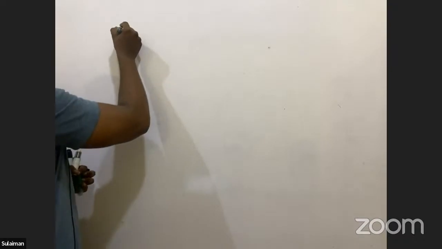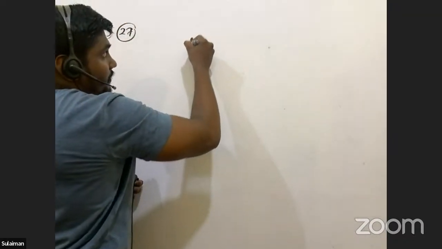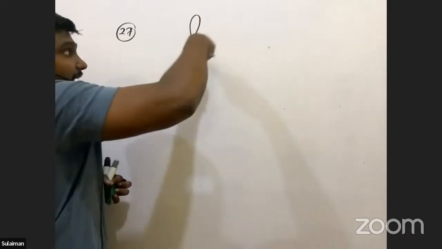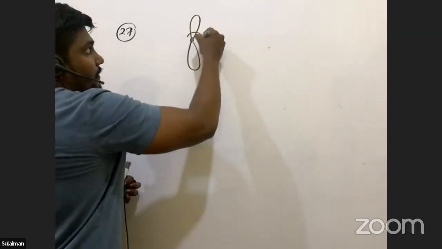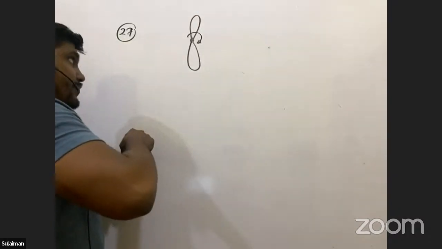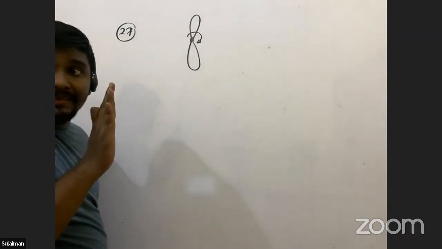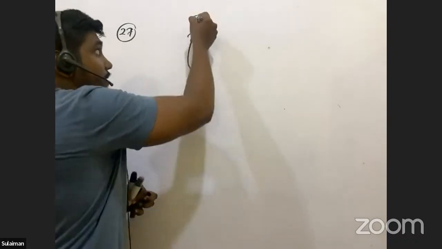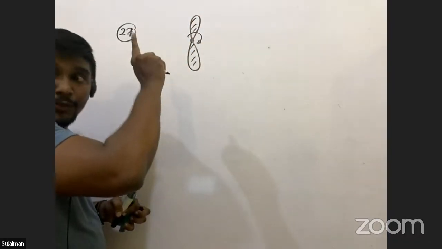Question number 27. Let's say this is your wind turbine. As this wind turbine keeps on rotating, you want to understand. They have given that the wind turbine has blades, these are the blades, that sweep an area.